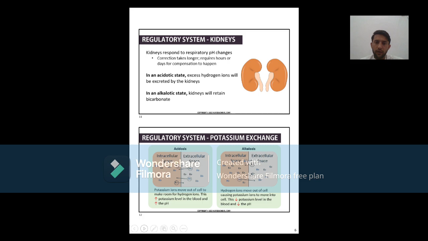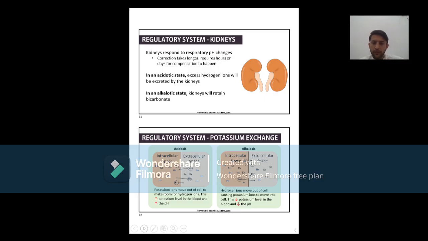Potassium will move outside and hydrogen ion will enter inside because potassium leaves a space for the hydrogen ion. The potassium level will be increased in blood. We call it hyperkalemia, and the pH will go up.